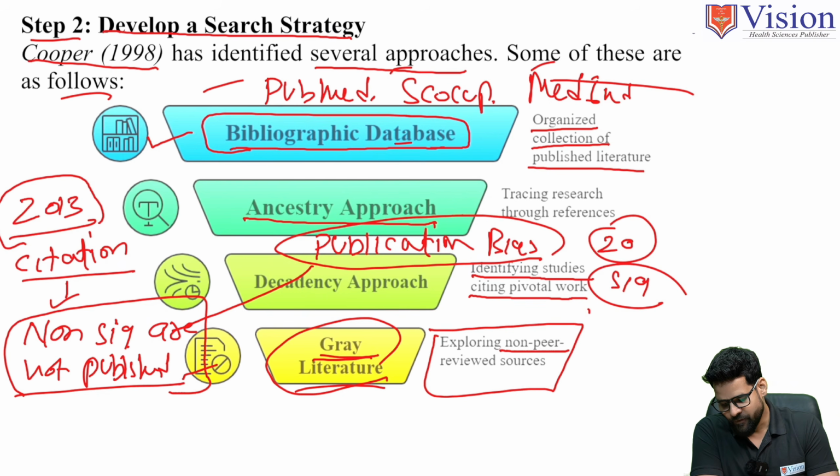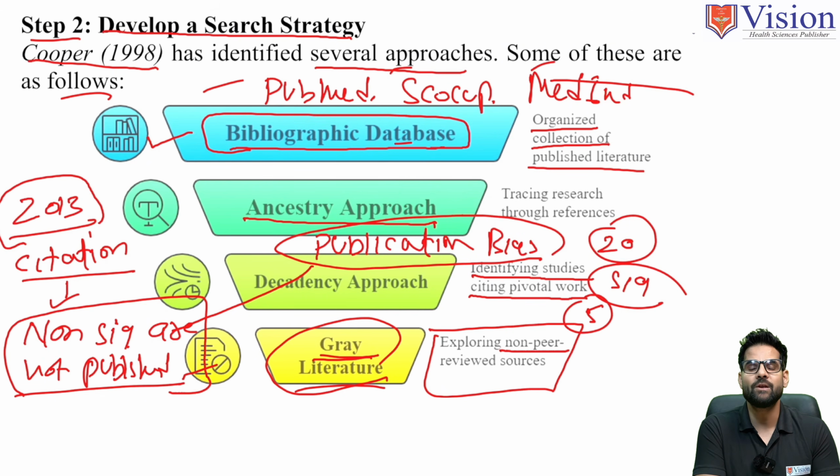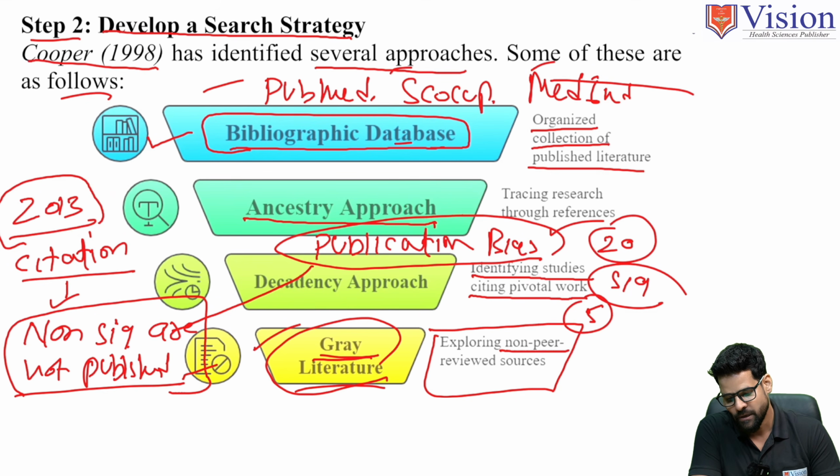But there could be 5 studies which gave non-significant results, and because of that they were not published. So as a researcher, I have to explore grey literature to balance things. Either I conduct an independent research or a systematic review, I have to check for this publication bias, and that is why grey literature becomes an important part of your strategy.